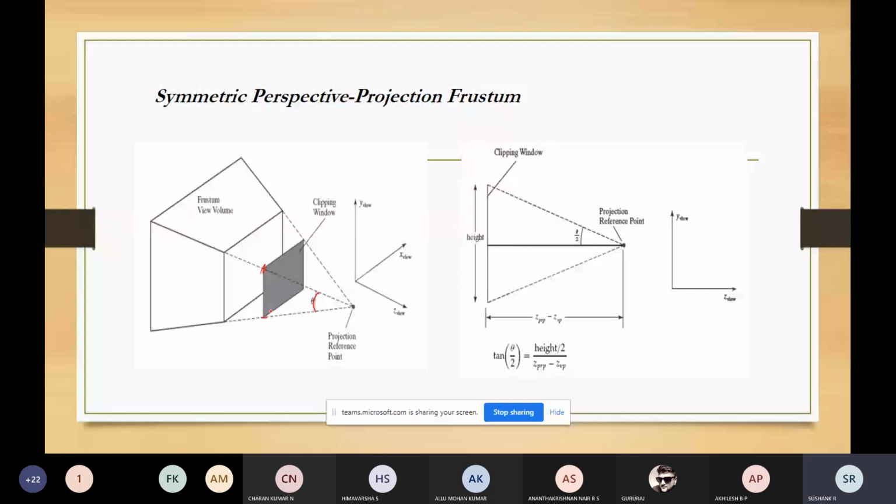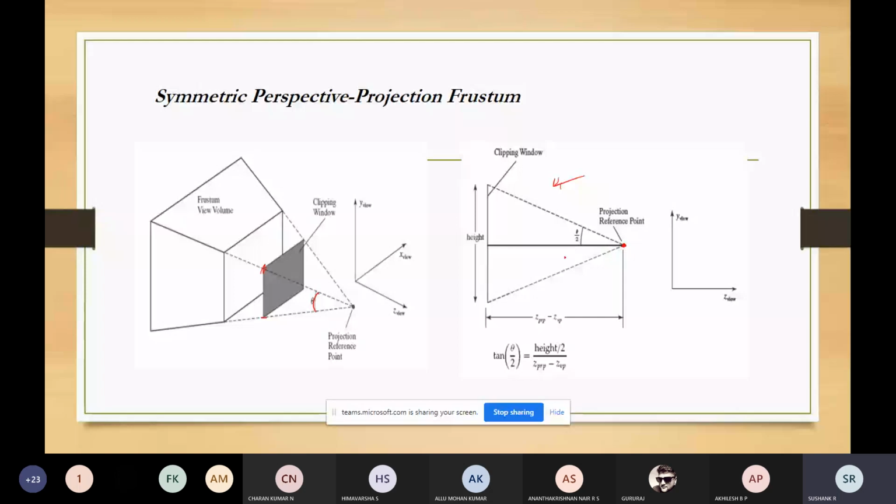For a given projection reference point and view plane position, the field of view angle will decide the height of the clipping window, which is given in the image on the right-hand side.